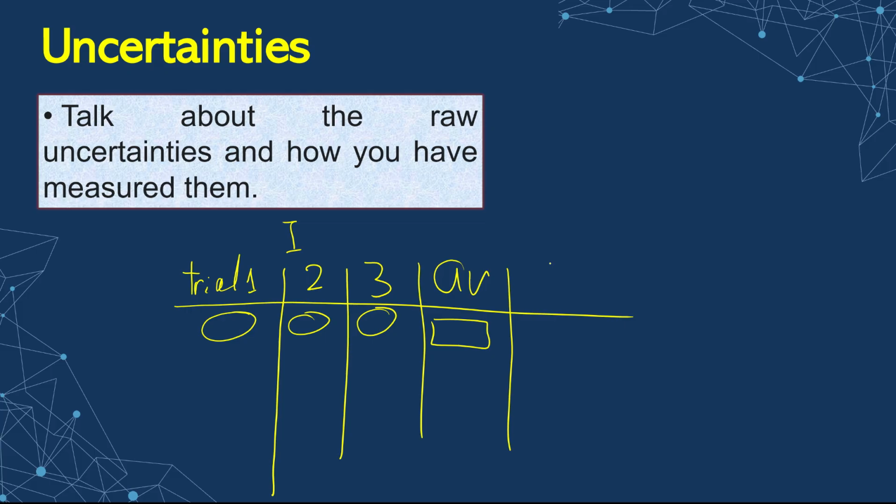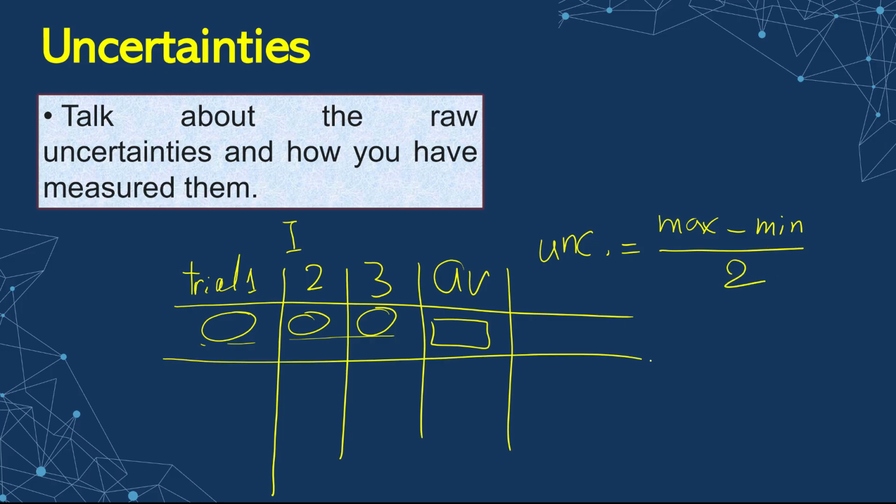Based on that, the uncertainty will be equal to the maximum value among the 3 trials you have done minus the minimum, divided by 2. So row by row, it will be different. These are the two different types of uncertainties you have.